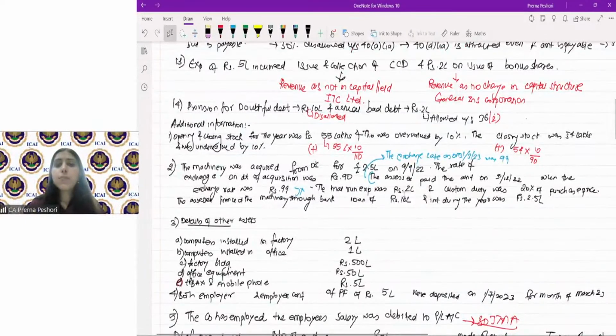Okay. Next is the trial run expense was 2 lakh and custom duty was 20% of the purchase price.